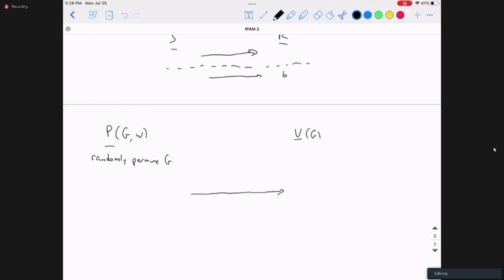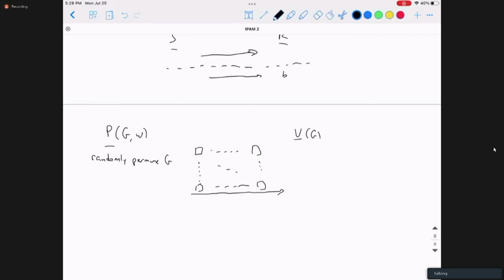So if G has n vertices, that means we're sending a total of n squared commitments. I'm just arranging them in this matrix form. So permuting this graph G is giving us a new adjacency matrix corresponding to the permuted graph, call it G prime, and then the prover is committing entry by entry to the adjacency matrix of that graph.